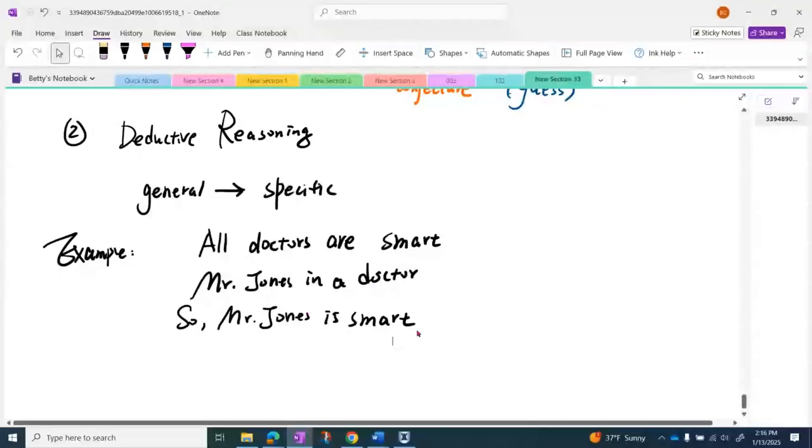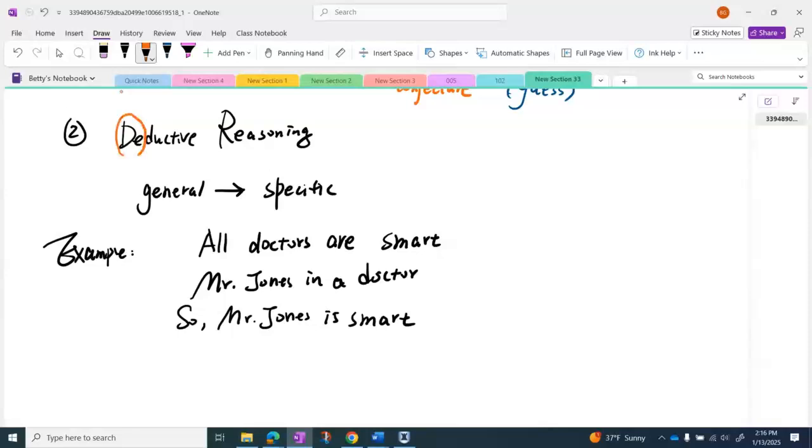Jones is smart. So this reasoning process goes from general, all of them, to specific, Mr. Jones. It is a deductive reasoning. The trick to remember it is deductive, similar with earlier, is the first two letters in the word deduction, DE.